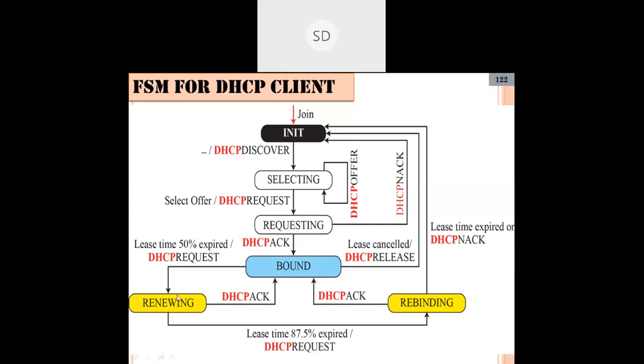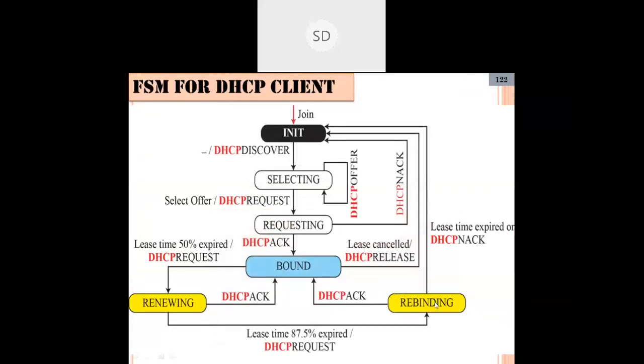If it is renewed, an acknowledgement is sent again by the server, and again it enters the bound state. If it is not renewed, and say 87% of the lease time has already expired, and the acknowledgement is not received for the renewal, it enters the rebinding state.